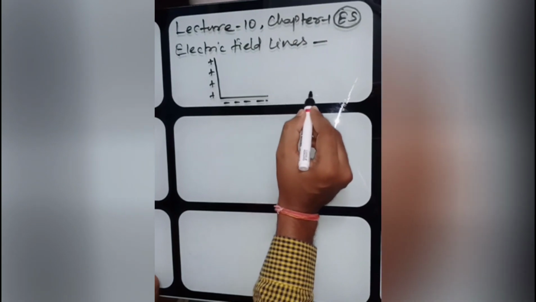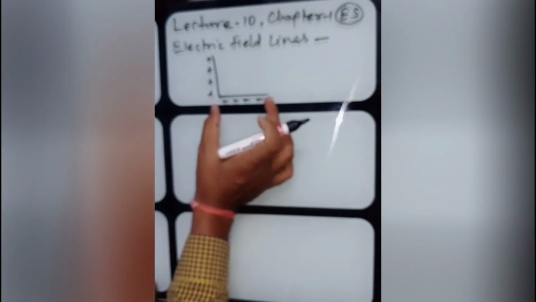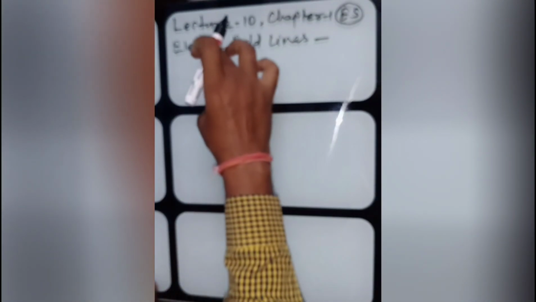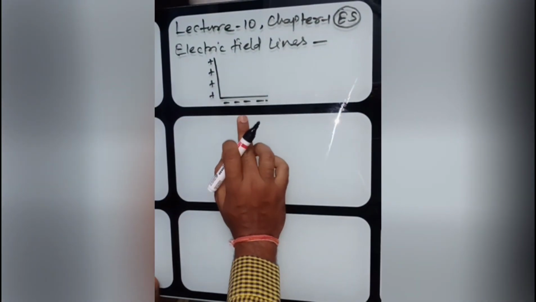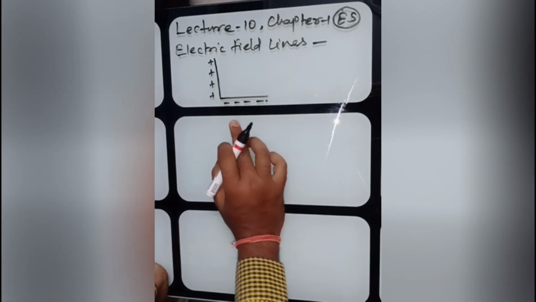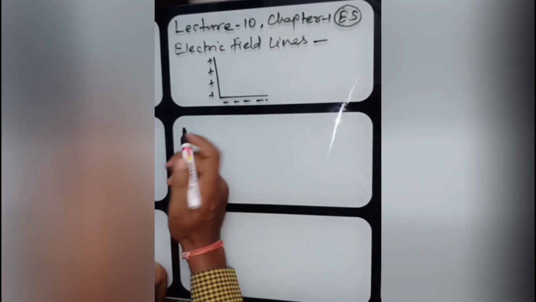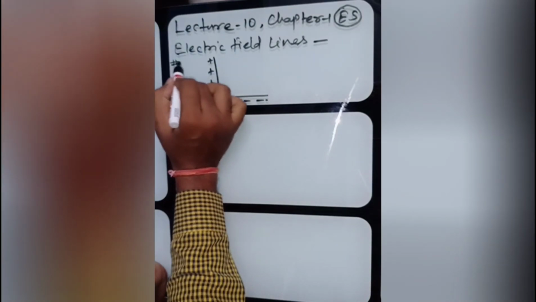It is not going to infinity. It is of finite length. Suppose 2 meter, 1 meter, whatever. This is positively charged and this is negatively charged. Then what will be the shape of the electric field lines between these two? Try to draw by yourself.